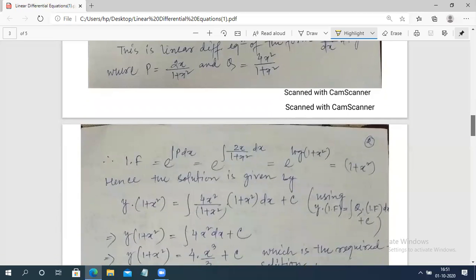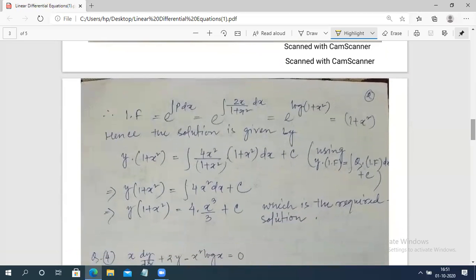So first thing is you have to find the integrating factor. Now integrating factor will be e raised to the power integral p dx. So e raised to the power integral of 2x by 1 plus x square into dx.